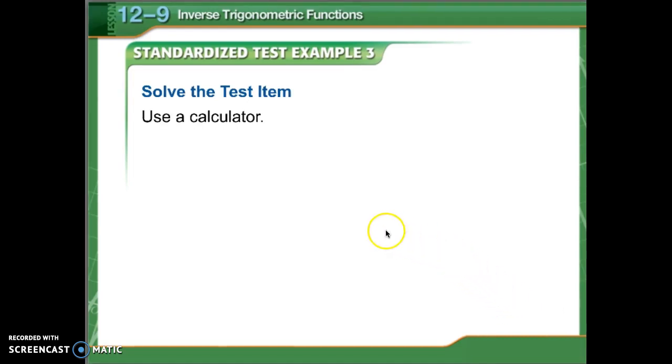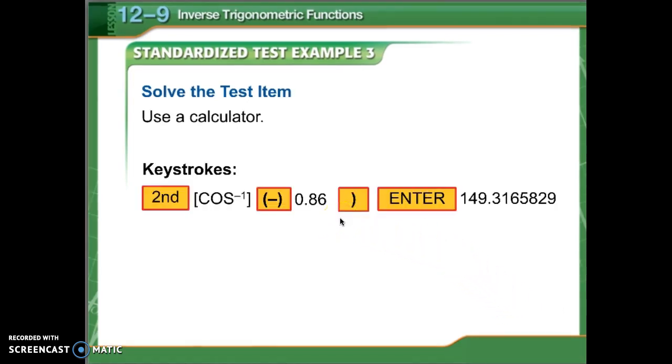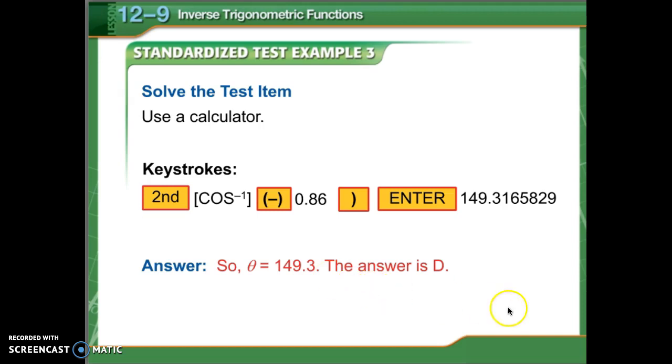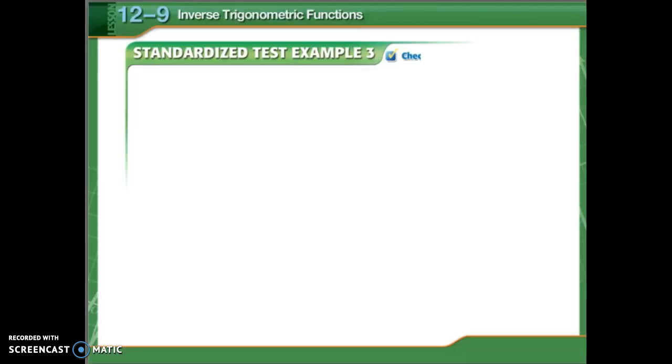They didn't pull the answer choices up again, but this number, 149.3, was choice D. So this is pretty simple. It just involves using the calculator. You've got to make sure you have the TI calculator with you to be able to do this.